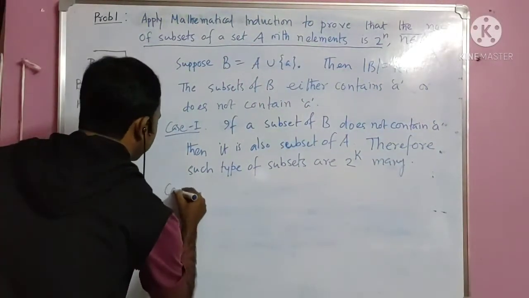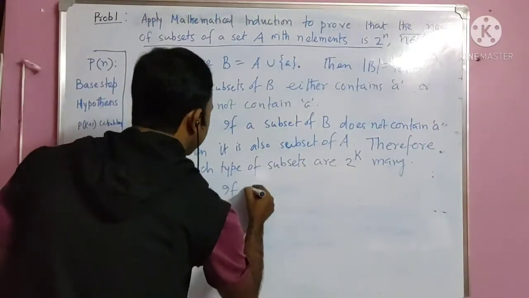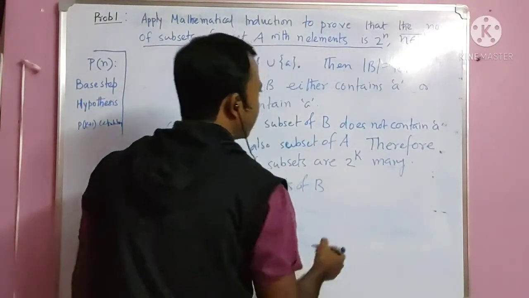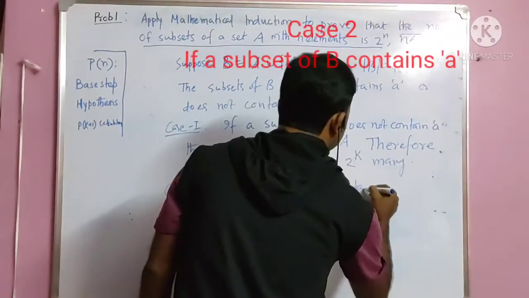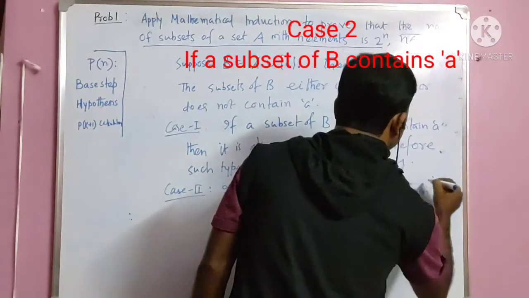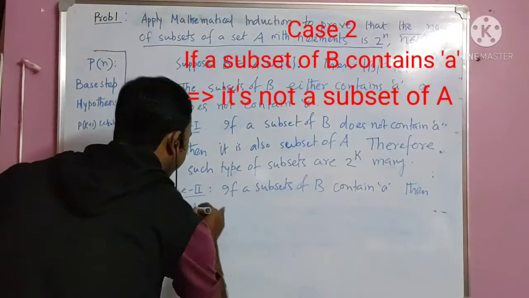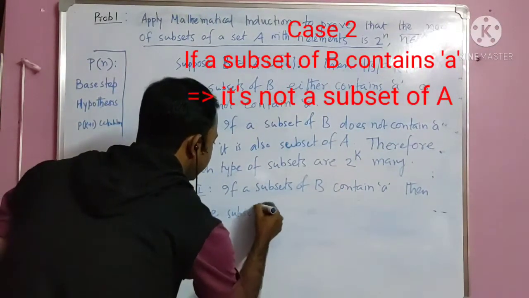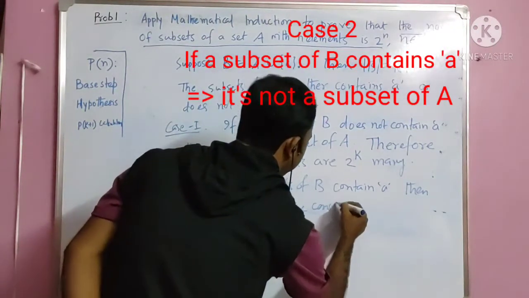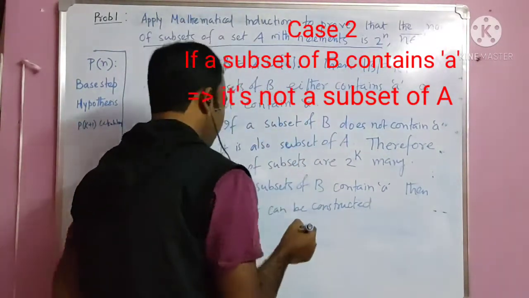Now we move to case 2. If a subset of B contains the extra element, then these subsets can be constructed. Look, we have to use the subsets of A property. How can we do this?